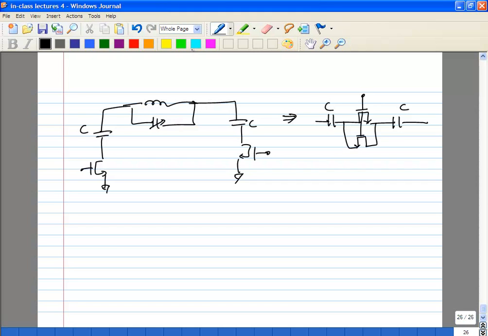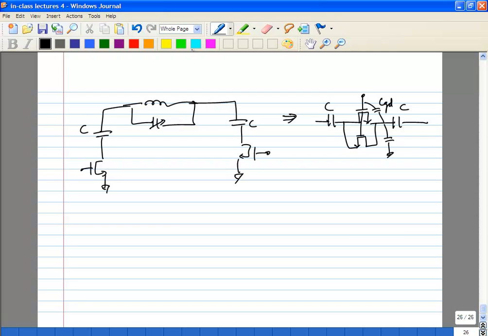Then you have some parasitic capacitance on this device. You're going to have two kinds of parasitic capacitances. One is your CGD, your overlap capacitance.